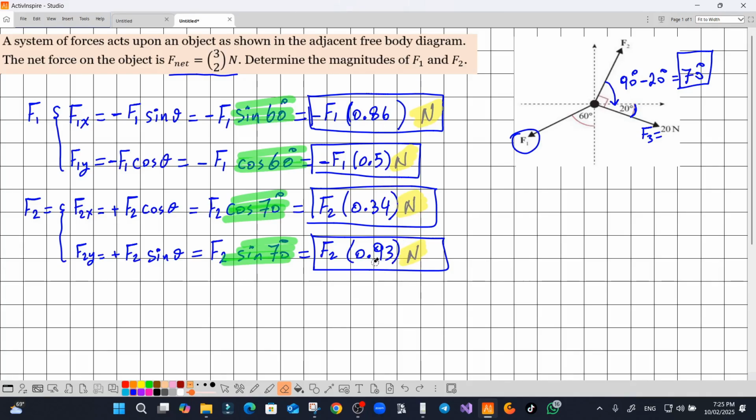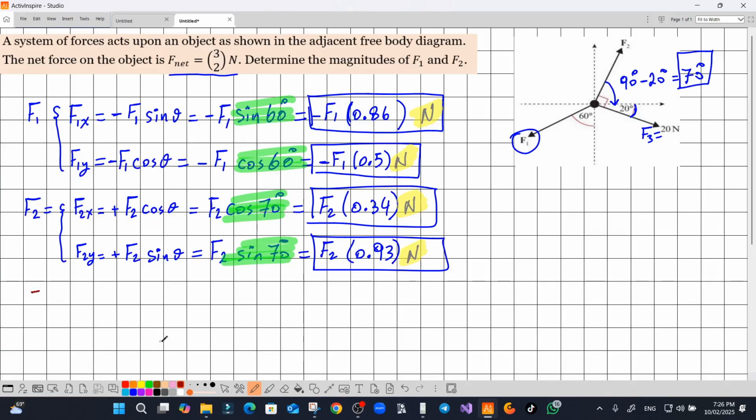Since I have decided to take only two digits after the decimal, I will do the same thing for F1. If you want to keep it, it's fine. It won't change the outcome.